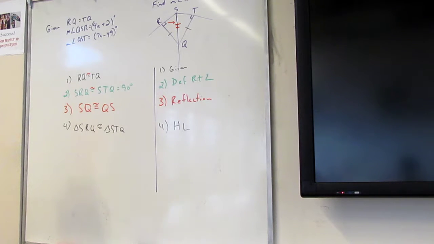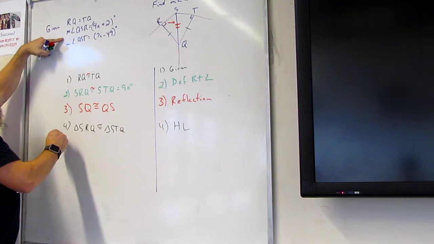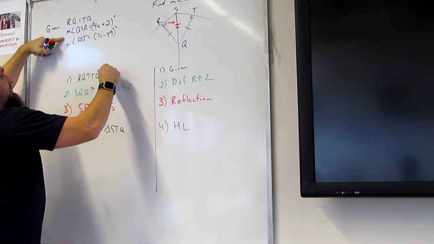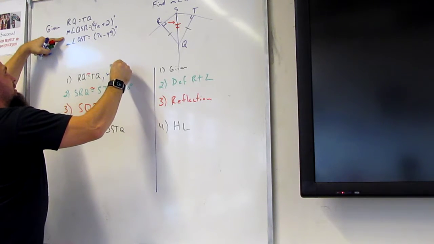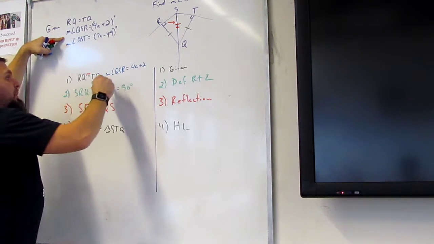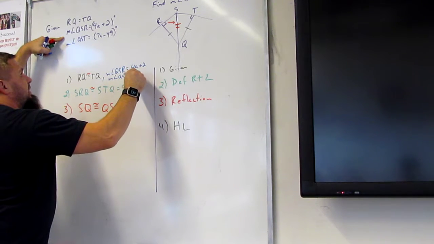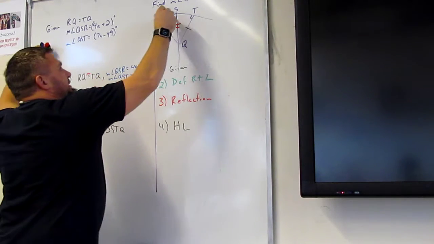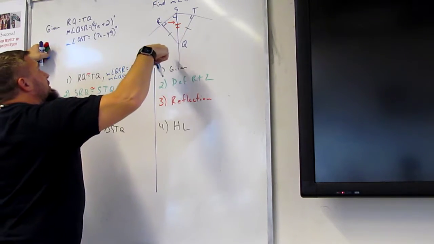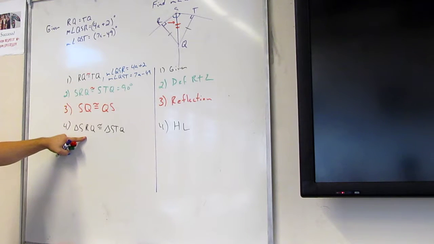And once we know that, then we know we're given that the measure of angle QSR is equal to 4A plus 2, right? We're also given the measure of angle QST is equal to 7A minus 49. Well, QSR, this guy, is congruent to QST due to this, right?